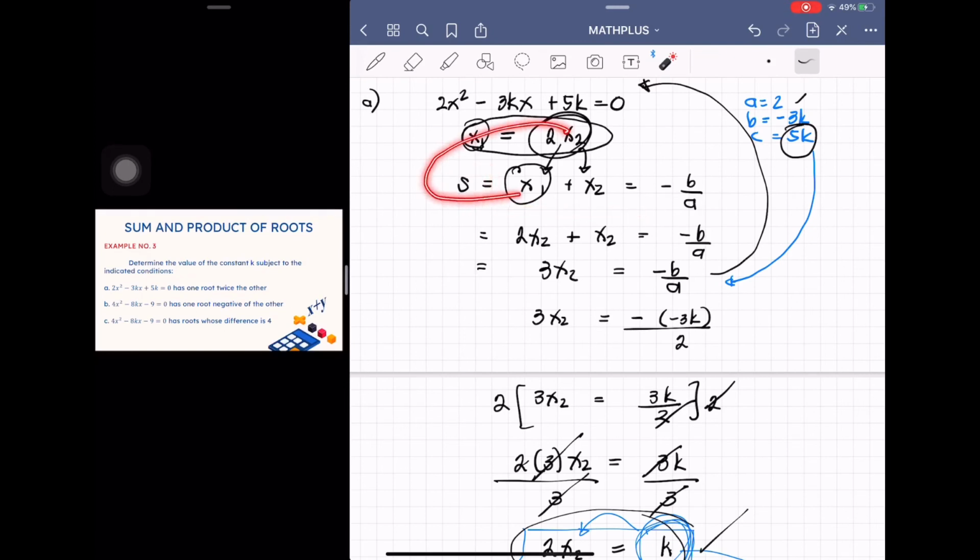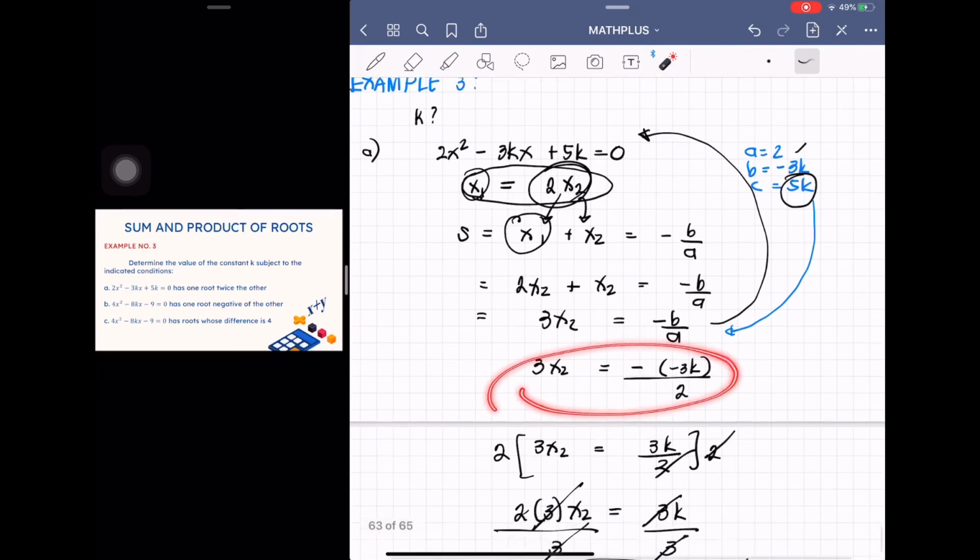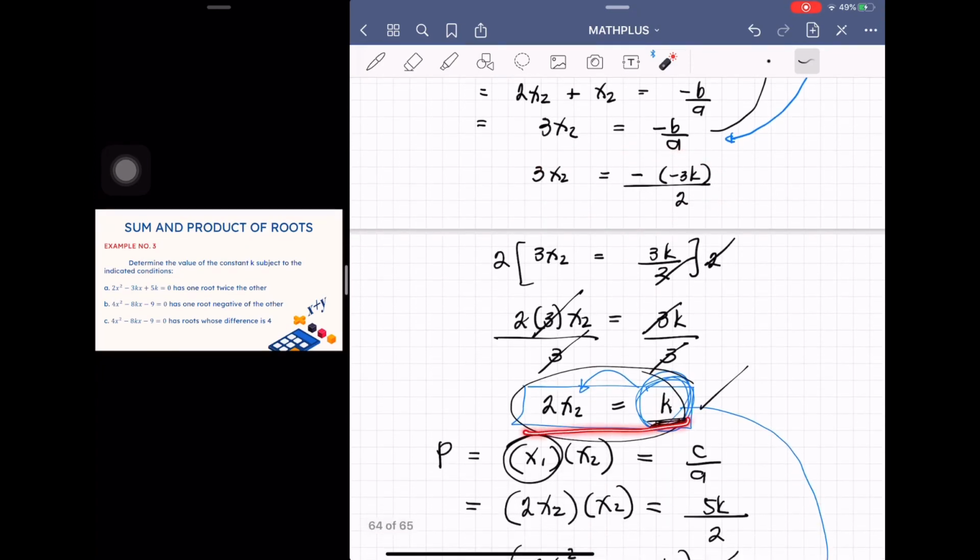I was able to create this, and I know the formula for the sum, that's negative b over a. I took the values of a, b, c from the original equation given, with k as part of the constant but unknown. So, we have 2, negative 3k, and 5k, and I substituted that also to this equation. In that case, I was able to create this equation that, if simplified, will produce k equal to 2x sub 2.